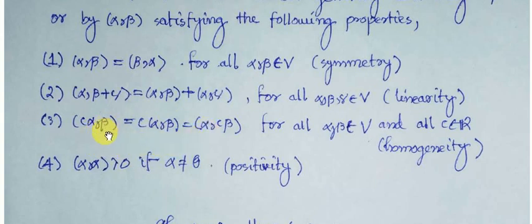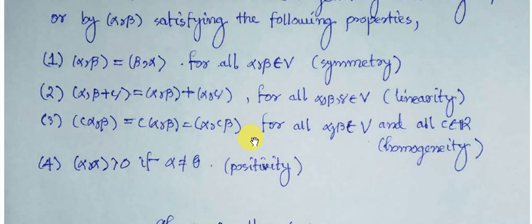That means the functional values of c alpha comma beta, alpha comma c beta, and c multiplied by the functional value of the point alpha beta are equal. This property is termed as the homogeneity property.